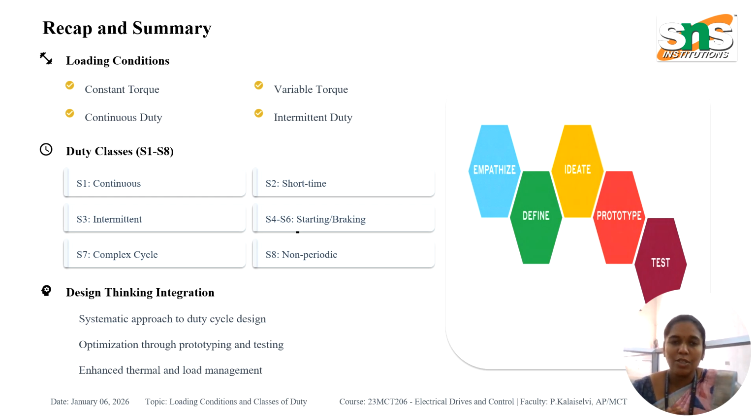Correct duty selection improves motor life and efficiency. The design thinking concept ensures systematic motor selection. The final key takeaway of this PPT is: always match the motor's duty cycle with the application load parameters and load patterns. Thank you.